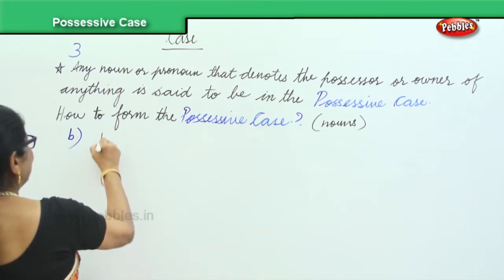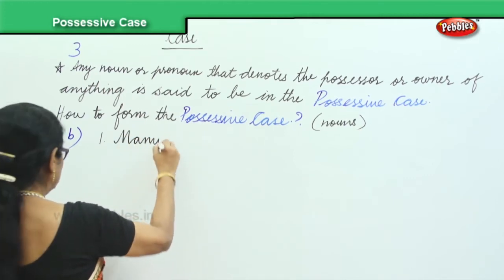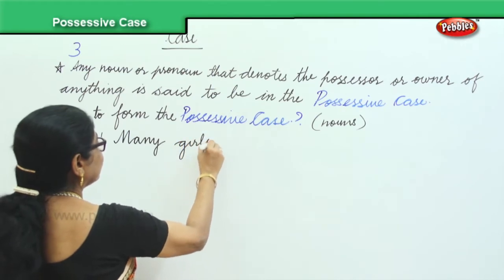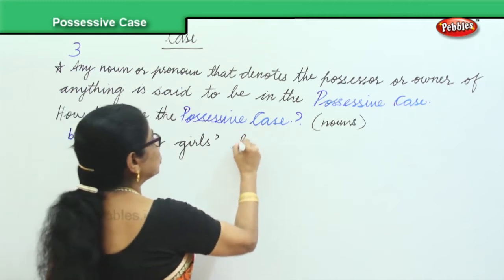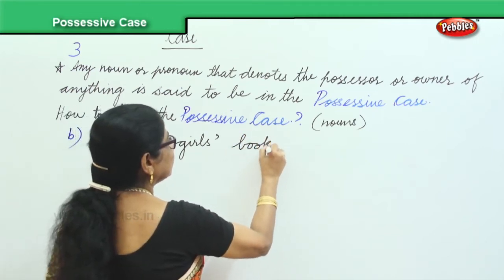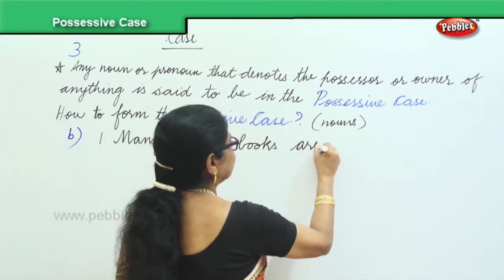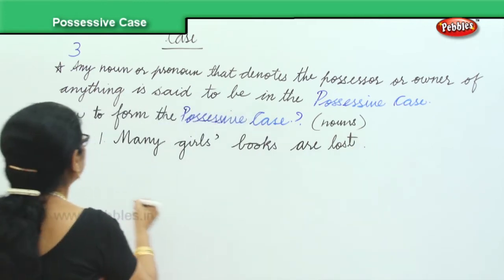Okay, first one, many. Look at the nouns. Many girls' books are lost. Okay.